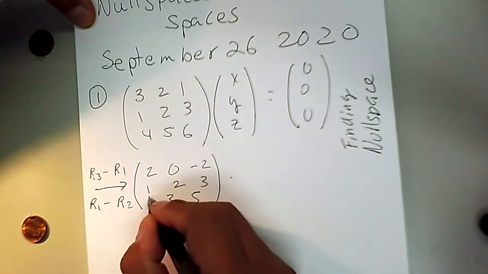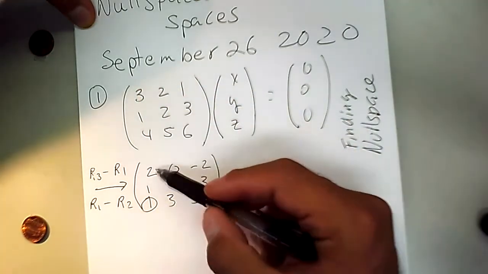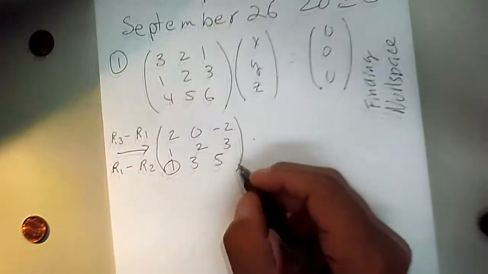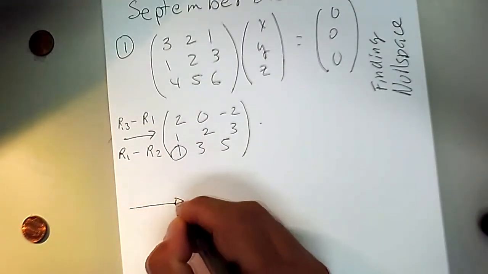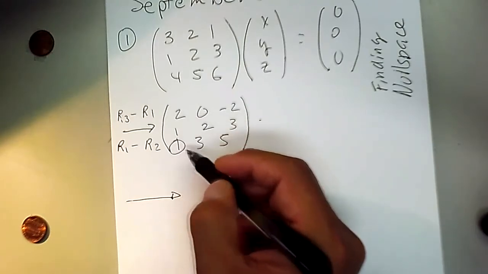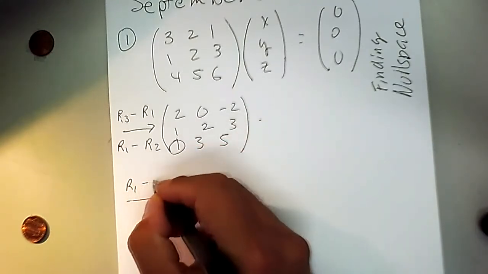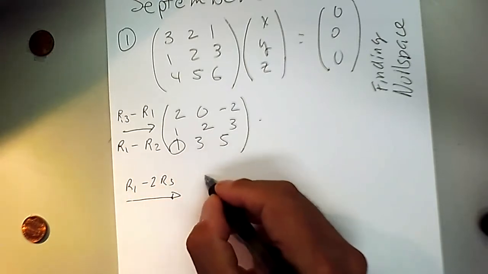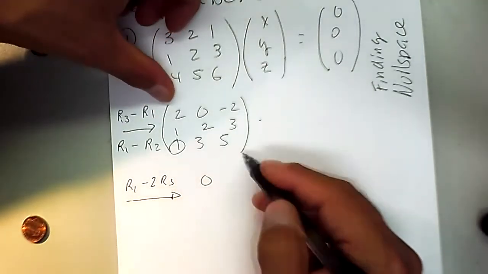So I'm going to choose this as my pivot, and we're going to subtract from the first row twice the last row. So take row 1 and take away 2 times row 3. And of course, that is going to give us 0 in the first row. That's the whole point.